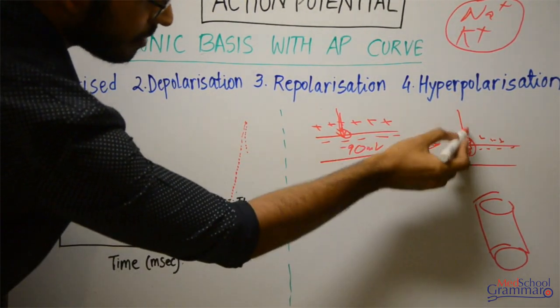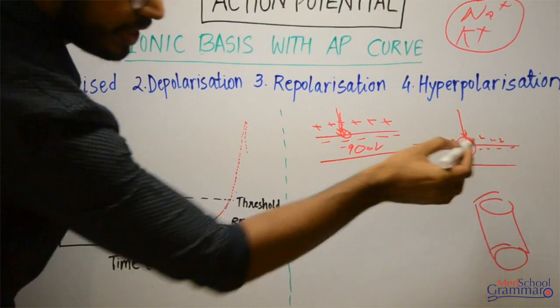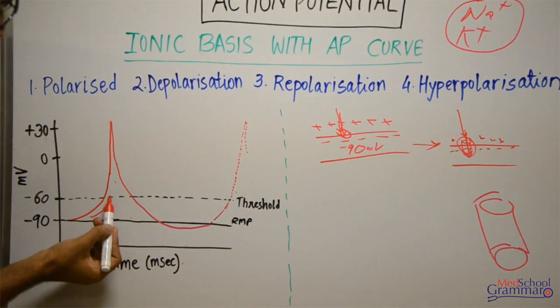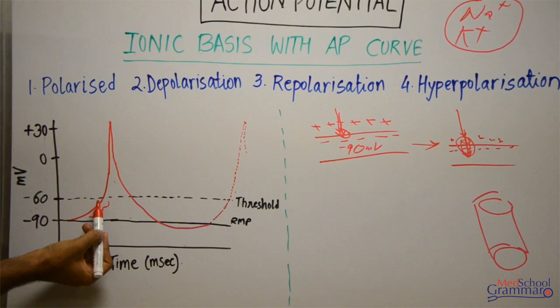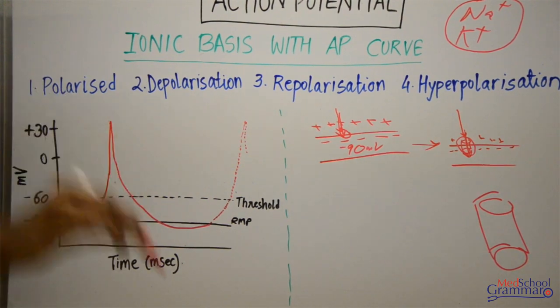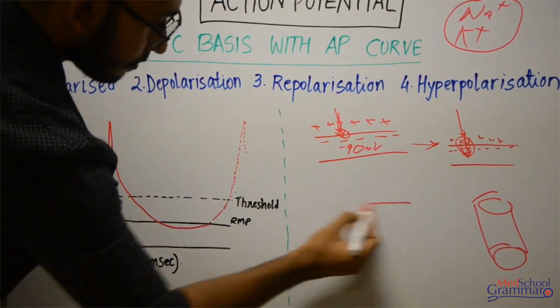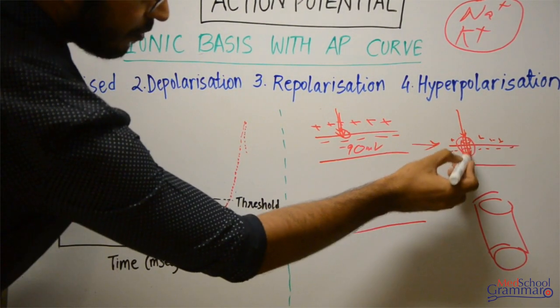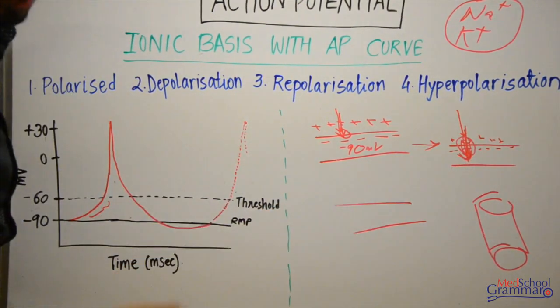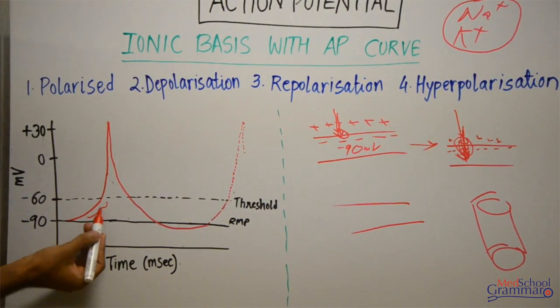Now as sodium starts to move in, the negativity inside reduces and reaches a particular level. This level is known as threshold level or firing level. What happens at this level is that sodium ions diffuse inwards slowly, hence there is a slow rise.